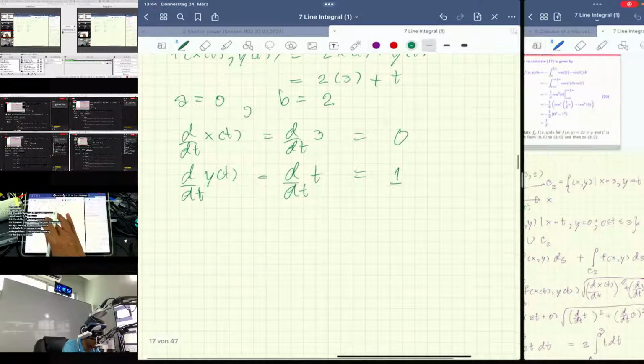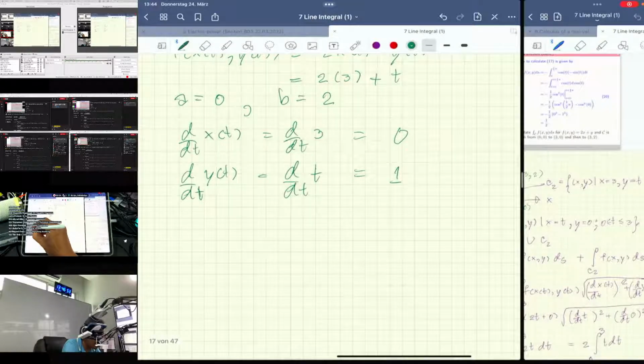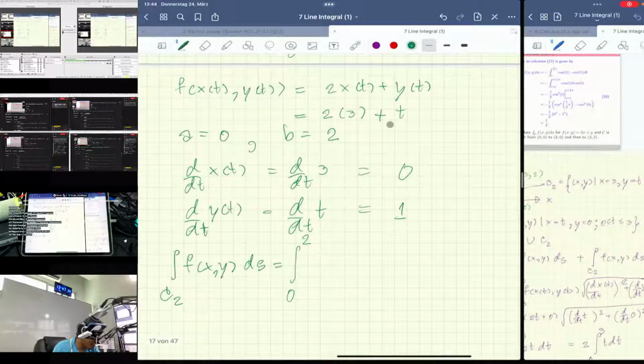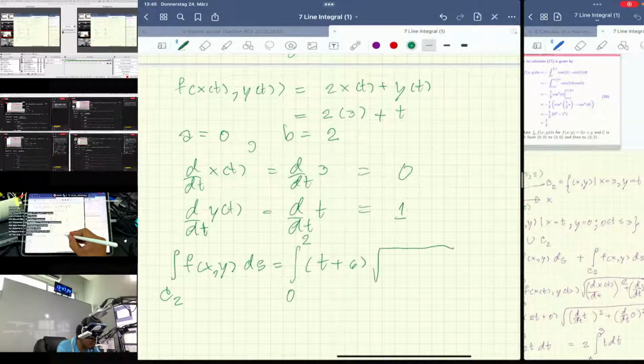The integration along the curve C2 of f(x,y) ds will be the integration from a to b, so it's 0 to 2. f(x,y) will be here t plus 6, and the square root here is the square root of 0 squared plus 1 squared, and dt, right?